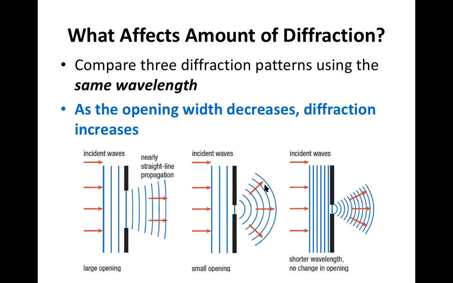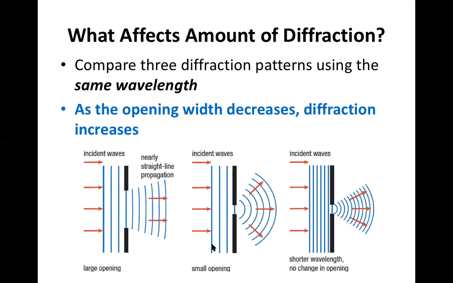Just going back to this slide, I want to re-explain this. Look at these two diagrams. Compare these two diagrams where there's the exact same wavelength and different width. When lambda is much smaller than width, we do not get noticeable diffraction.